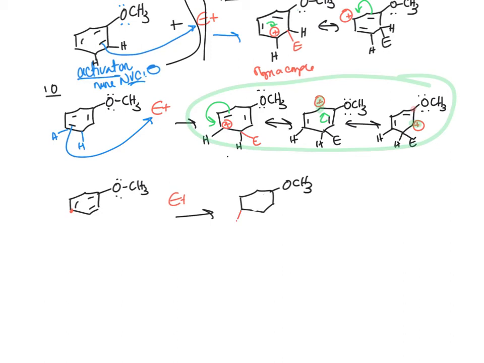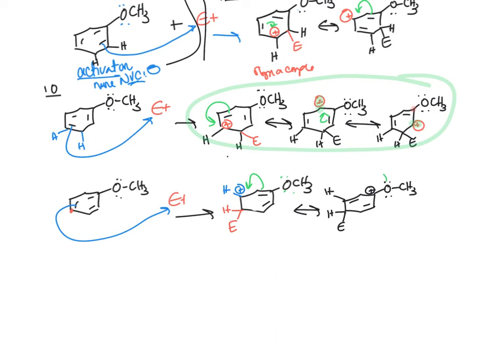So now if you put the electrophile in the para position, these electrons go here. And you have this, and this starts your resonance structures. Here's your electrophile. And now you have your positives there.